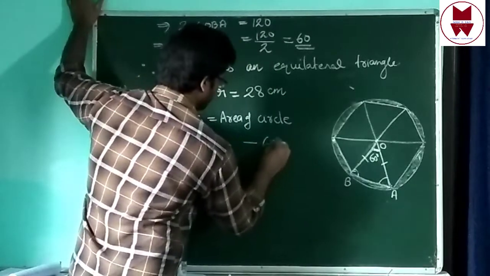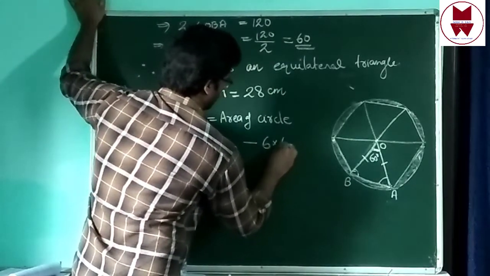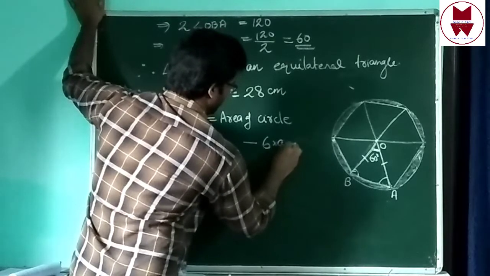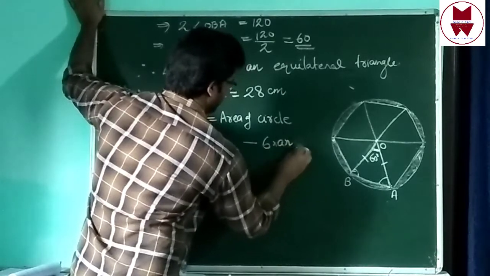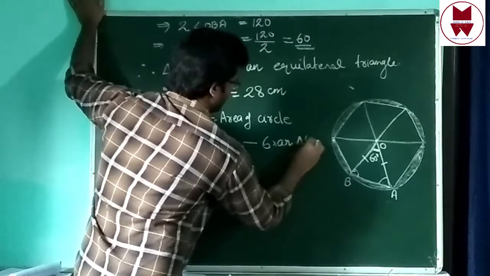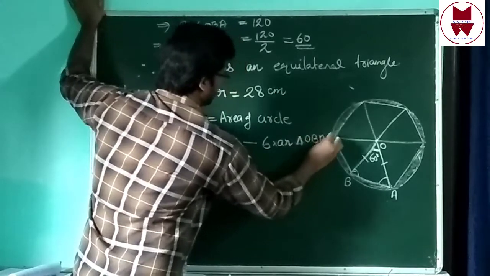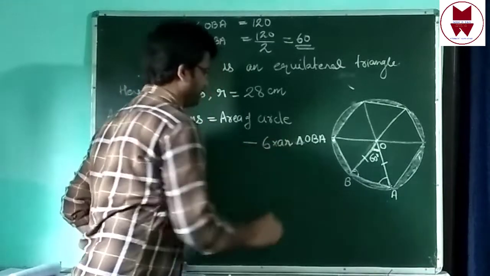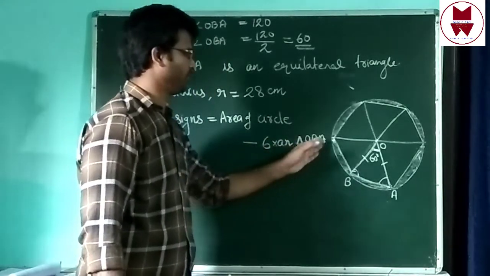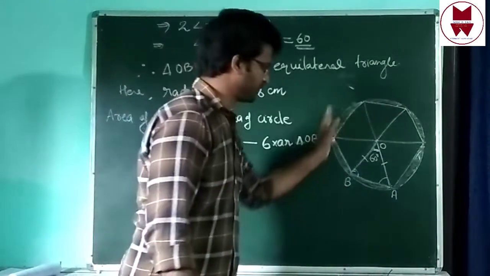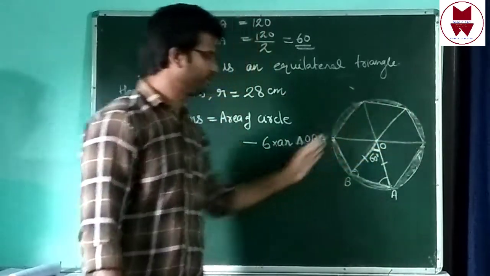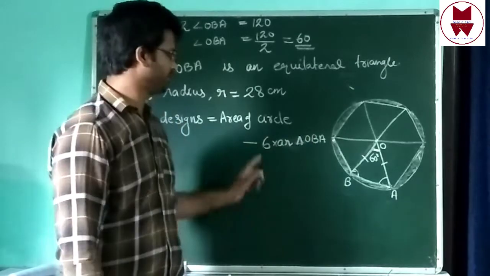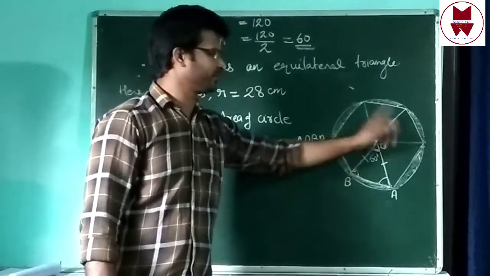Minus 6 into area of triangle OBA. 6 triangles are equal, that's why 6 into area of triangle OBA. First find the total area of this circle, then minus 6 into the area of one triangle, because 6 equal triangles are there.